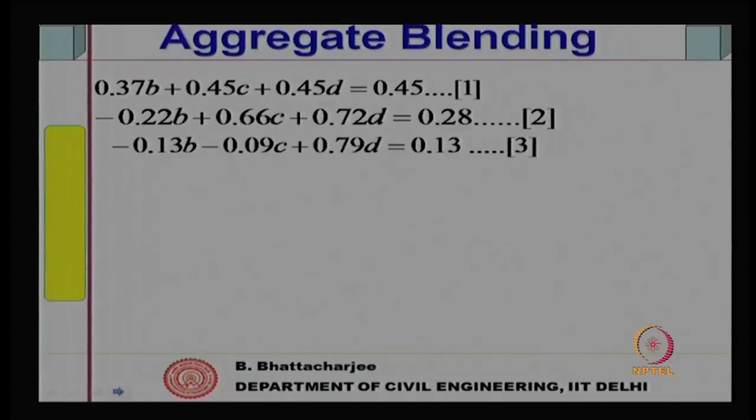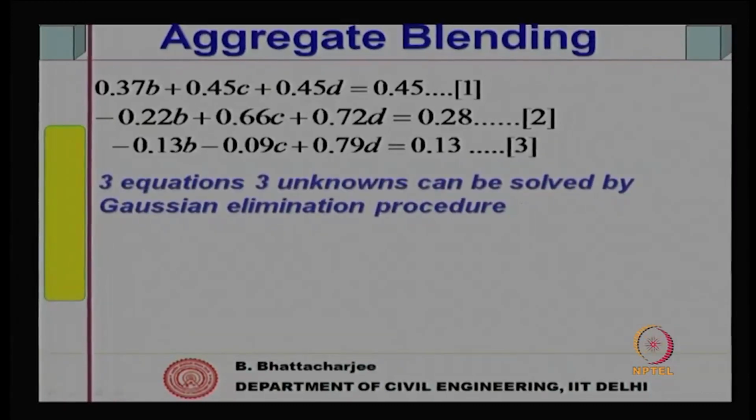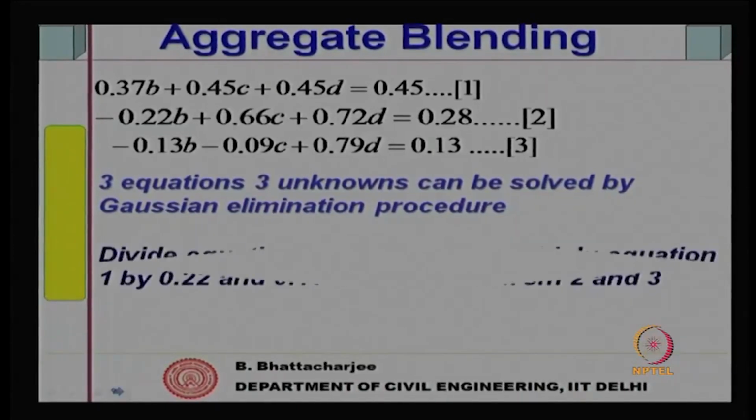However, by conventional wisdom of the old days, one would actually solve this 3 by 3 unknowns by Gaussian elimination process, or 4 unknowns can also be solved by Gaussian elimination process.